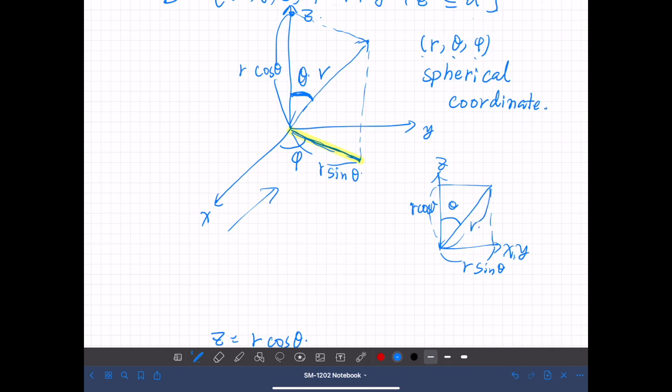Then we project this yellow line onto the x-axis or y-axis.